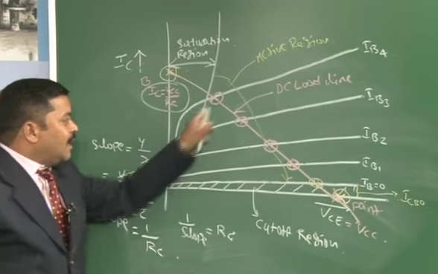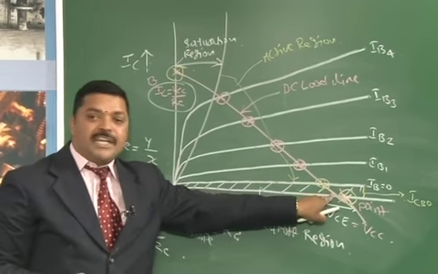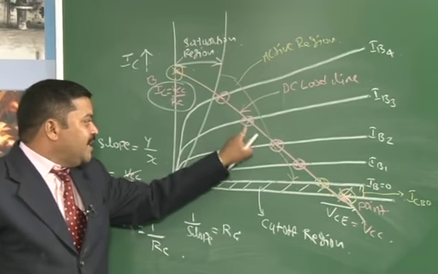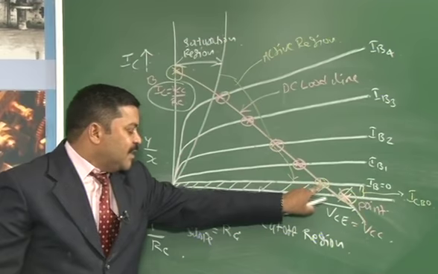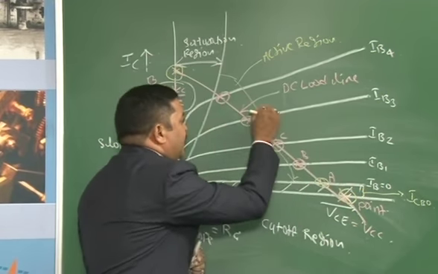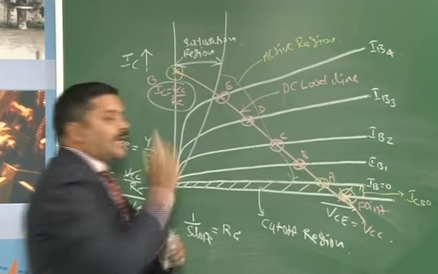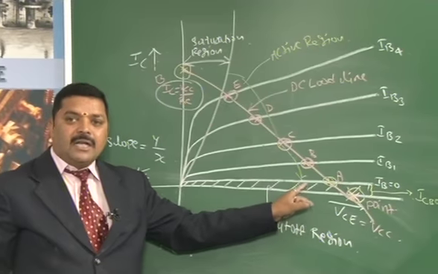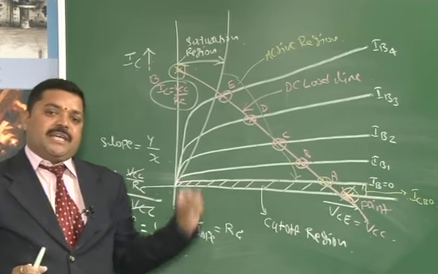So all these are operating points of the BJT. Let me mark these as A, B, C, D and then E. Now, A, B, C, D, E are the operating points of the BJT.